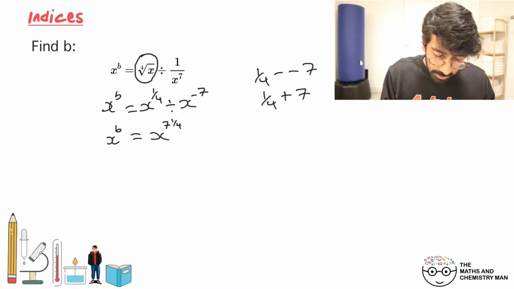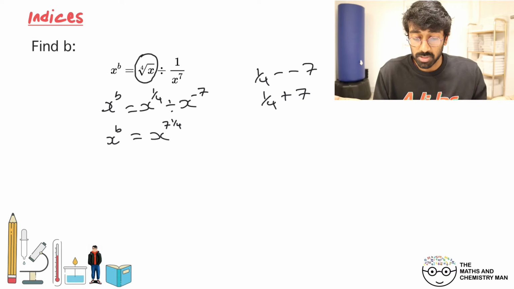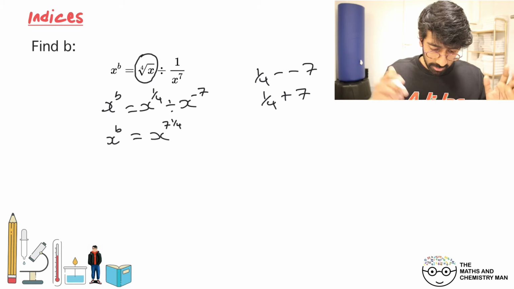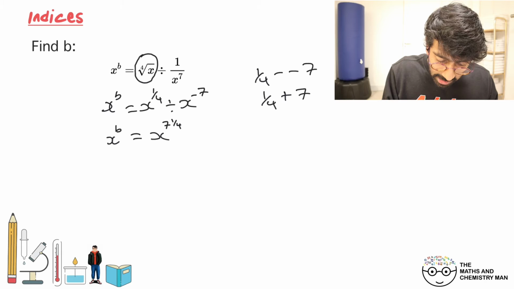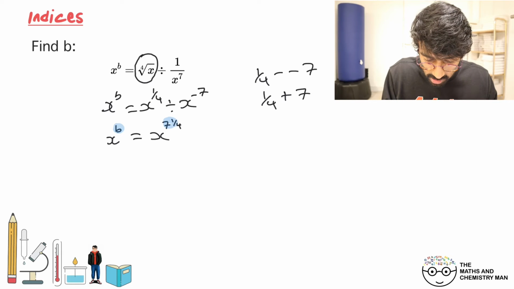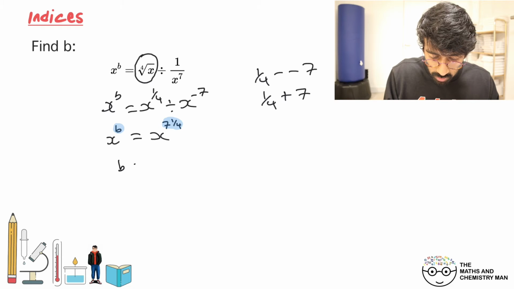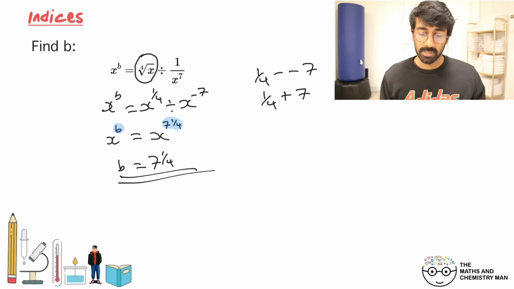That's one option. You could obviously turn it into a decimal if you wanted to, or turn it into an improper fraction, either. So whatever you do, now because we've got x to the power of b is x to the power of 7 1/4, we can just say that b is equal to 7 1/4, or anything that's equivalent to that. Boom, done.